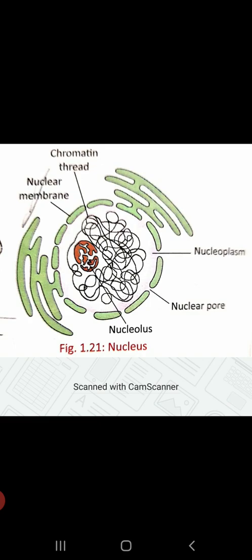After the nucleolus, we have thread-like structures called chromosomes. Here you can see the chromatin thread-like structure which gets condensed and forms the chromosomes. So, thread-like structures present in the nucleus are called chromosomes. Now, what are chromosomes made up of? Chromosomes are made up of DNA, children, and proteins. DNA, we all know, is the hereditary material, right? So chromosomes carry a number of genes.